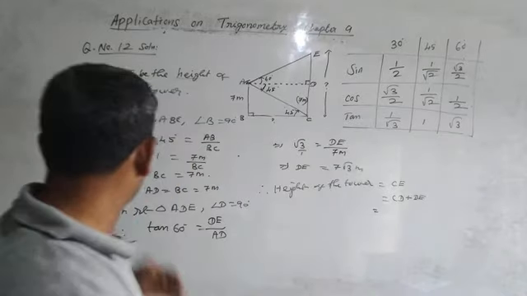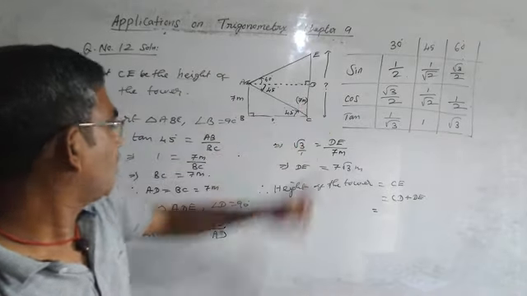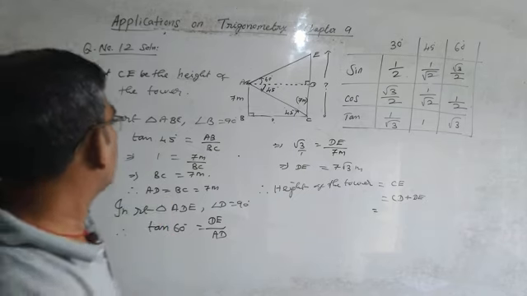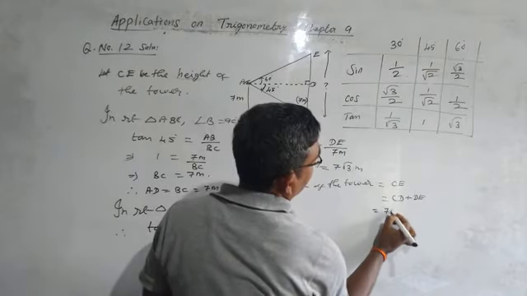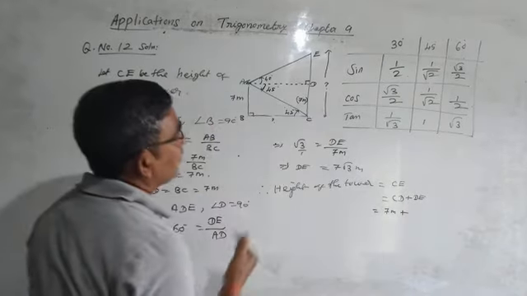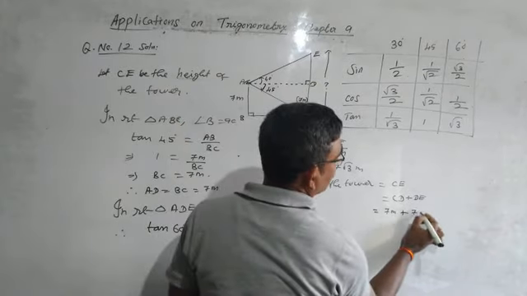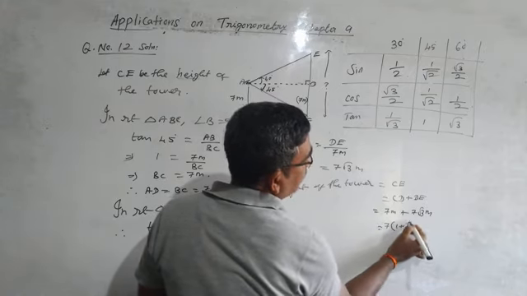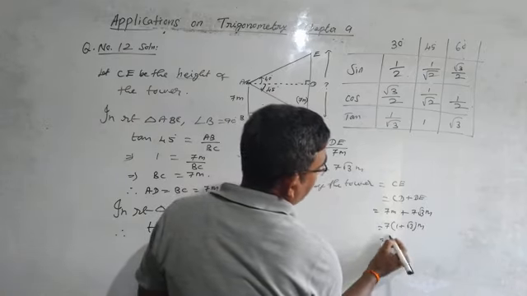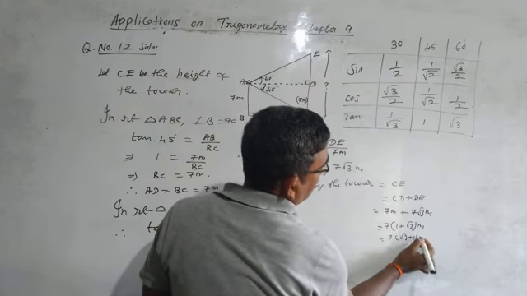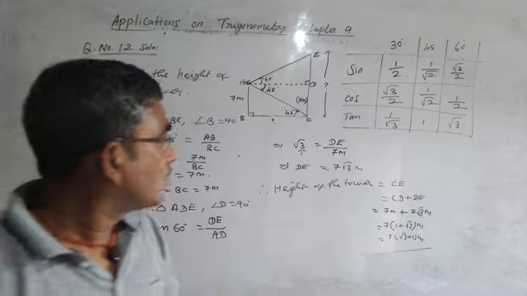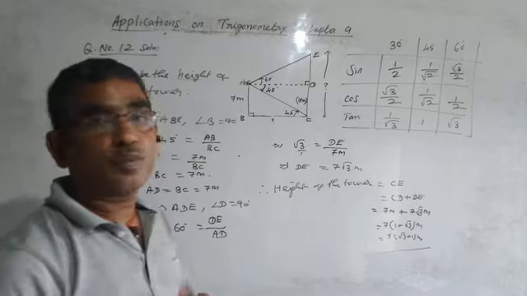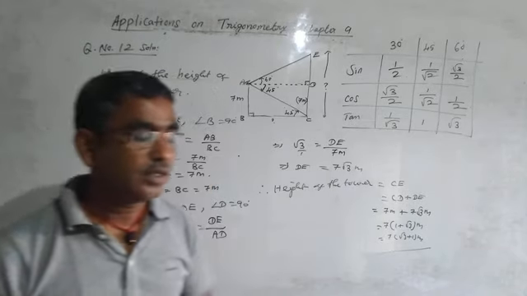CD value we know: CD is 7 meters. Plus DE, which we got as 7 root 3 meters. We can take 7 as common, so 7 into root 3 plus 1 meters. So the height of the tower equals 7 into root 3 plus 1 meters. I hope you understand. We'll go to question number 13.